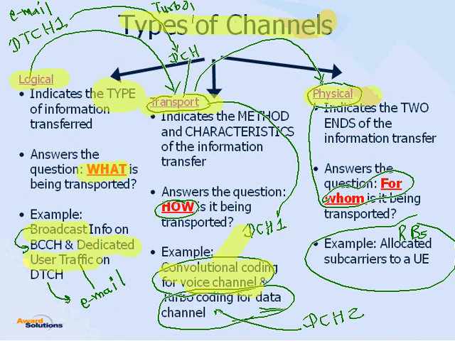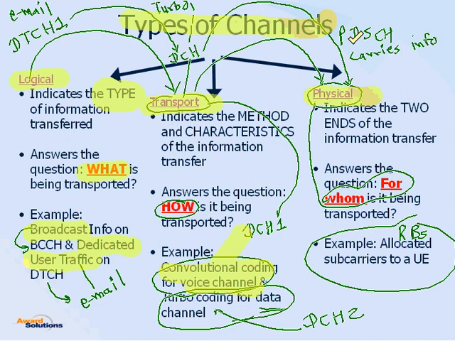That will be my transport channel because I am doing turbo coding. And then I will map that onto a physical channel. In LTE, we have this physical downlink shared channel. We will cover that later, but basically that carries our information for a specific user. So the user will get the information from that physical channel.